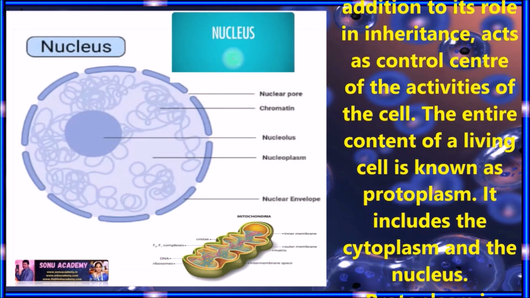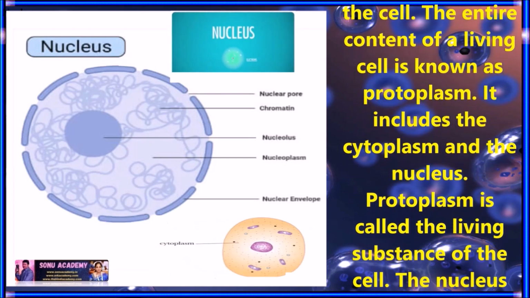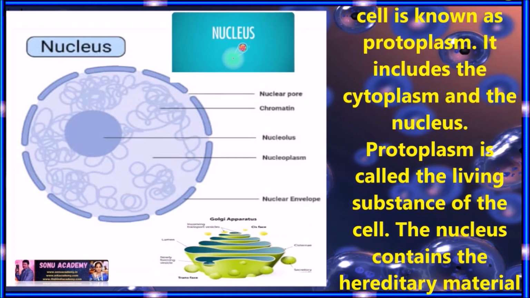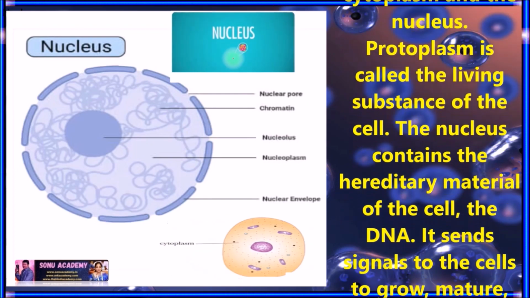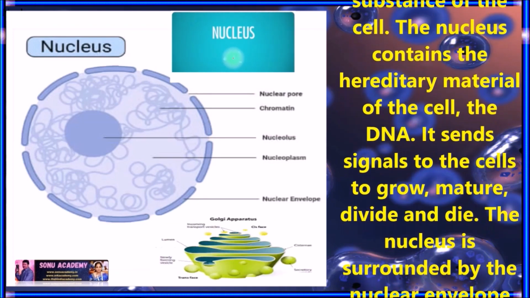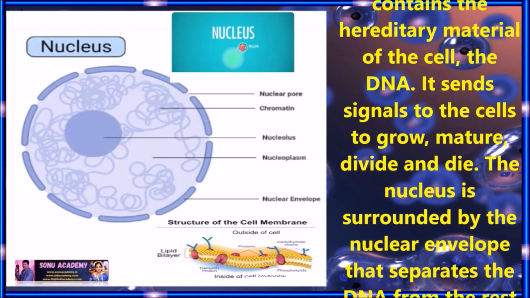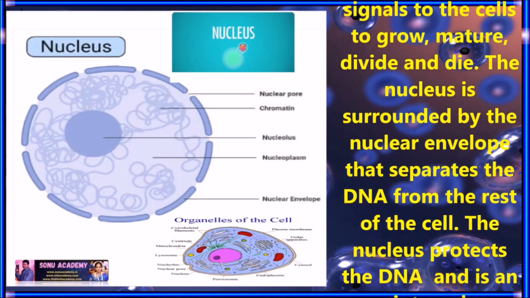The entire content of a living cell is known as protoplasm. Protoplasm includes the cytoplasm and the nucleus. Protoplasm is called the living substance of the cell. The nucleus contains the hereditary material of the cell, the DNA. It sends signals to the cells to grow, mature, divide and die.